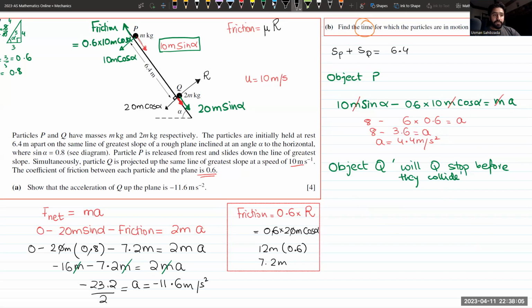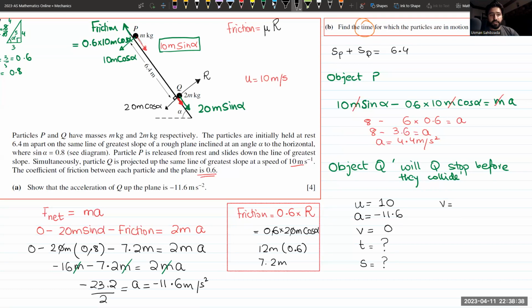So we will check with Q's initial speed of 10 upwards, with deceleration that Q has of negative 11.6. When does Q stop? And what is the distance up the plane when it stops?